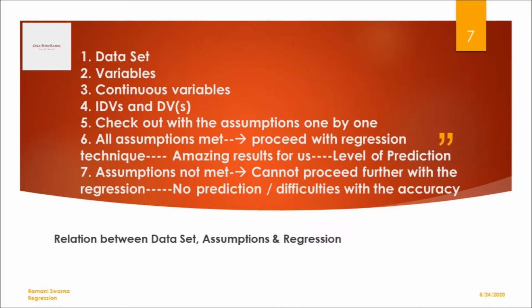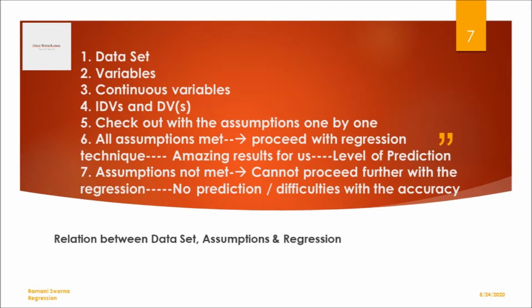So again, I'm reiterating: one, the data set has to be in front of you. Two, identify the variables, and immediately from these variables check which are the continuous variables. That is the hint that has to be given to you. You don't even have to work hard. You know which are the continuous ones and how the relationship exists in this continuity of the variables.